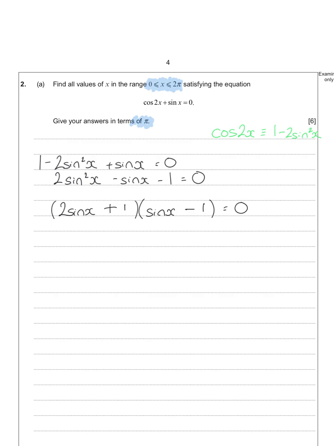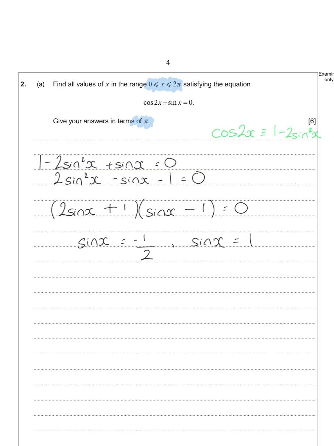So I'm going to set the first bracket equal to 0, which will lead me to sine x being equal to minus a half, and the second bracket equal to 0 will lead me to sine x being equal to 1. If I apply arc sine or inverse sine or shift sine, whatever you want to call it, to each of these, well, this first one, when I do inverse sine of minus a half, well, what am I going to get?